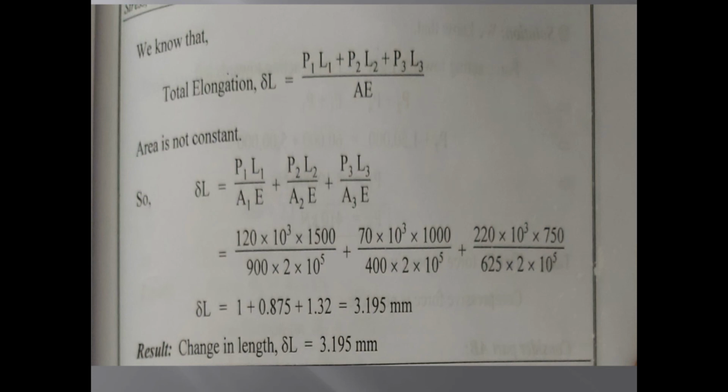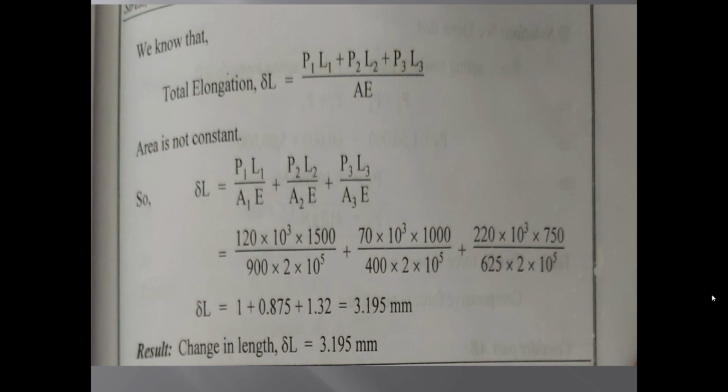Area for section AB is 900 mm square, into Young's modulus for steel, 2 into 10 power 5, plus P2 value 70 into 10 power 3 into L2 value 1000 divided by area 400 mm square into E value 2 into 10 power 5, plus P3 value 220 into 10 power 3 into L3, length of section CD, 750, divided by area 625 mm square into Young's modulus 2 into 10 power 5.